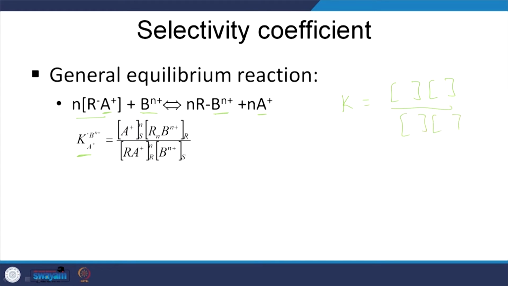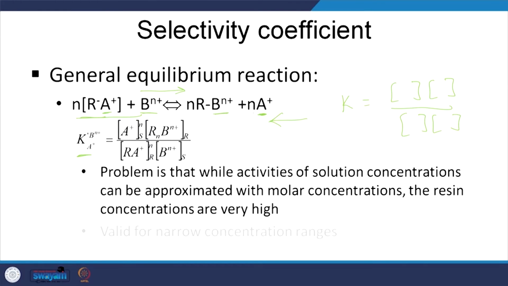If you want this reaction to go forward, you want to have more of this. If you want the backward reaction, you want to increase the concentration of A plus. This is the principle for regeneration too, but let's not look at that right now. Let me skip this because we discussed it.